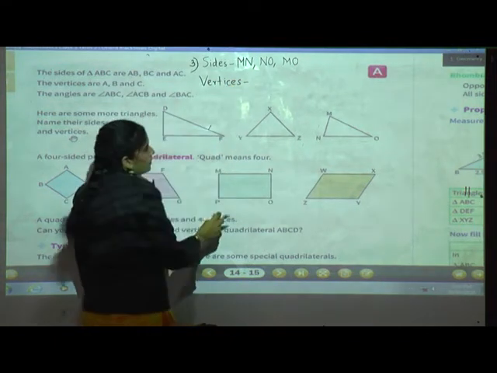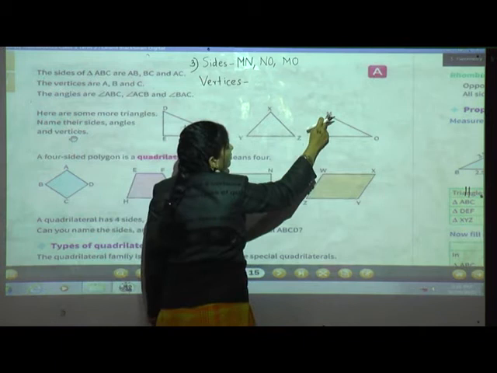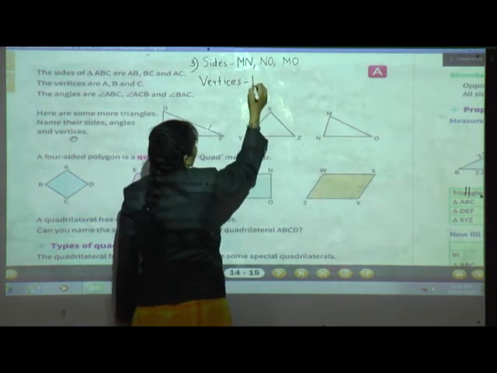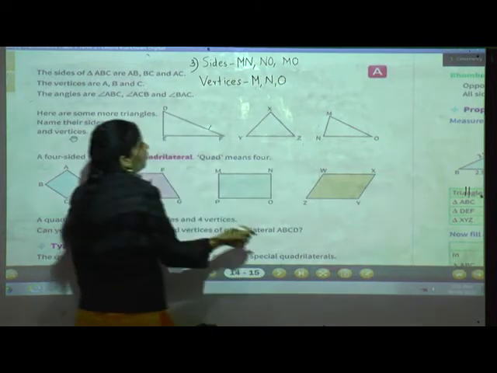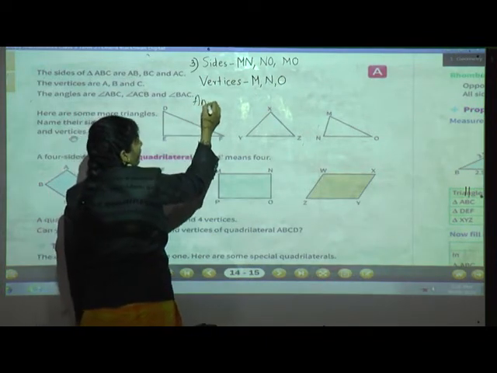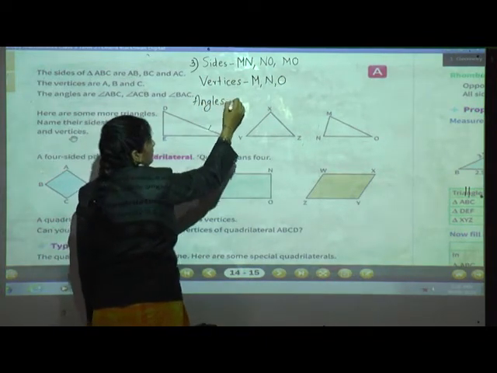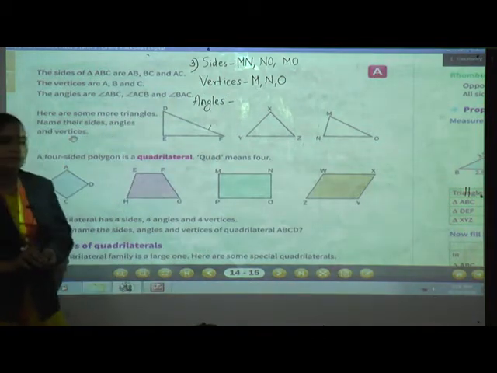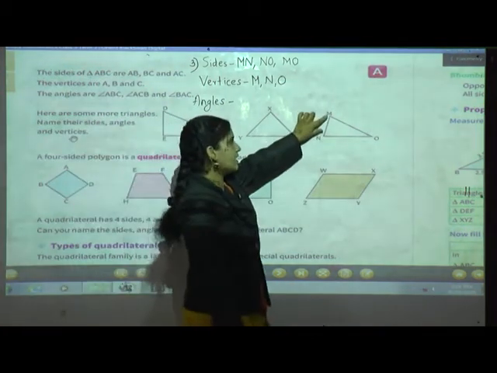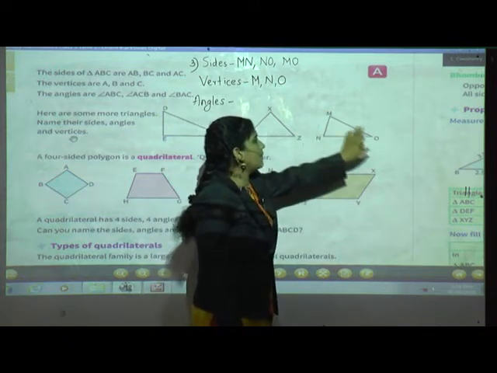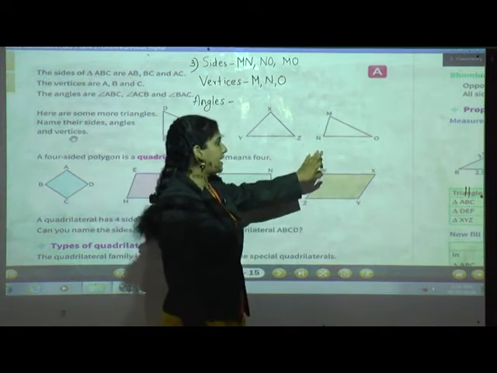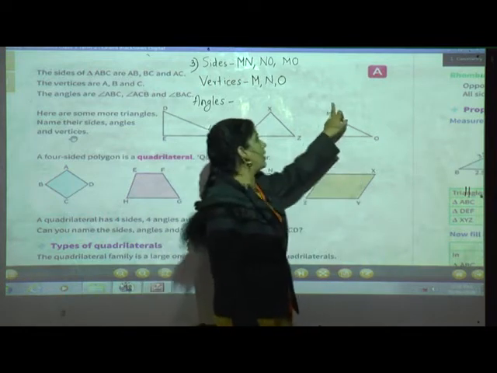Now vertices. Vertices M, N and O. Now angles. Tell me the angles. Yes, angle MNO, angle MON and angle NOM.